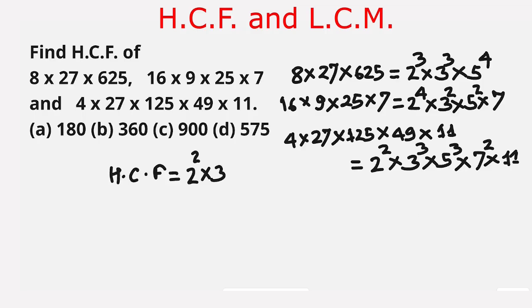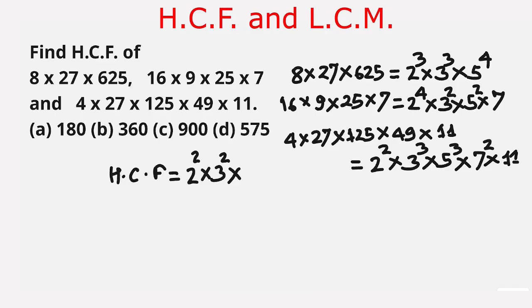So we write 3 to the power 2 multiplied by, in the first number it is 5 to the power 4, in the second number 5 to the power 2, and in the third number it is 5 to the power 3. So 5 to the power 2 is common in all the three numbers.